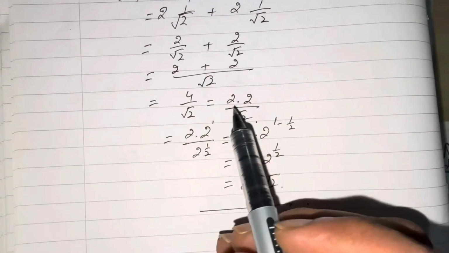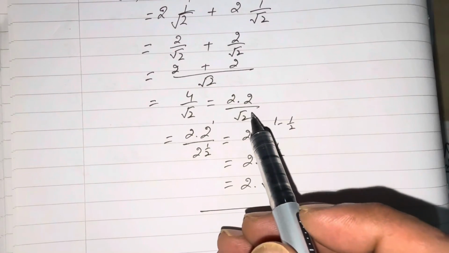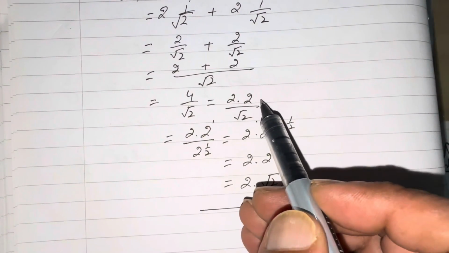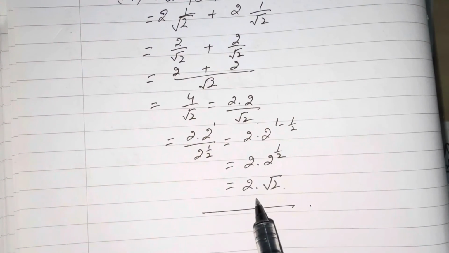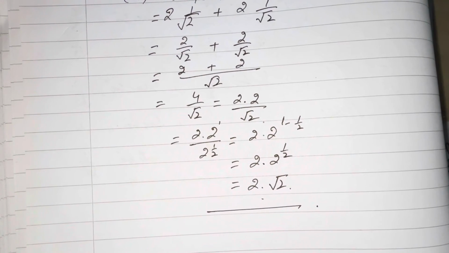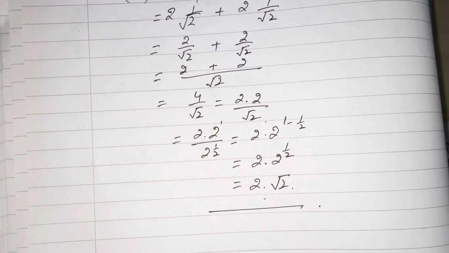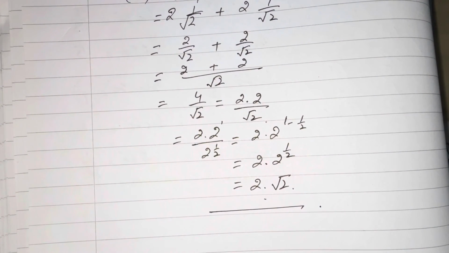We can directly write this answer after this step, but I have explained how we can write this answer after this step. So that's the way we can simplify these kinds of questions. I will take some more examples in my coming lecture.